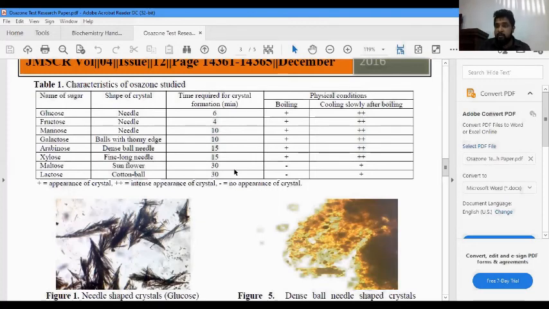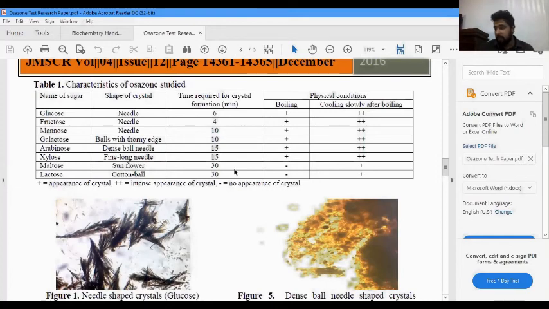That's tricky, because the crystalline structure is similar and you have to identify based on the time. Lactose will give results after about 25 to 30 minutes, and maltose after about 45 minutes. So if you get maltose in the exam, you will sometimes be in trouble.